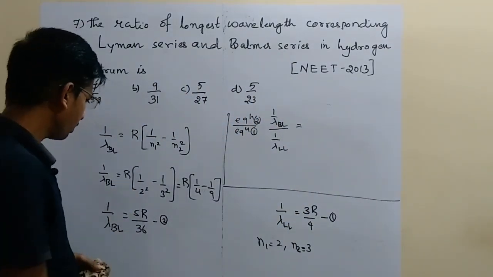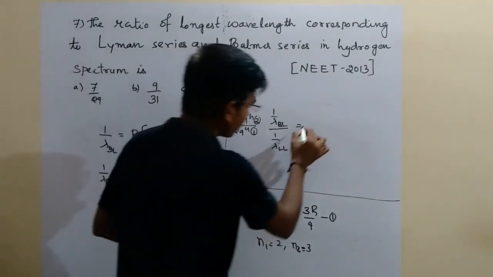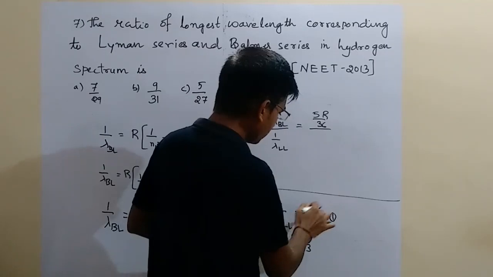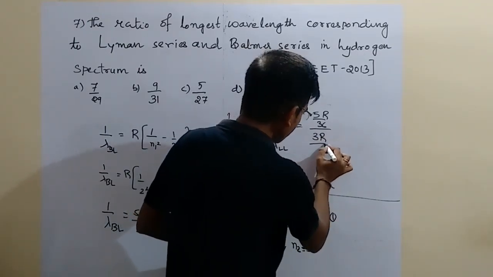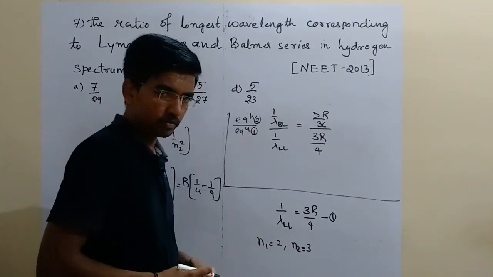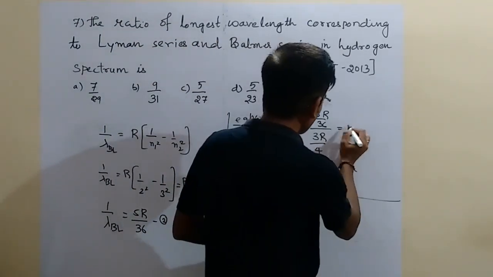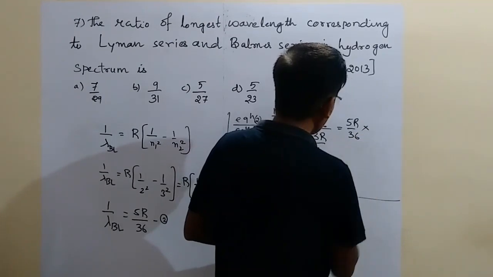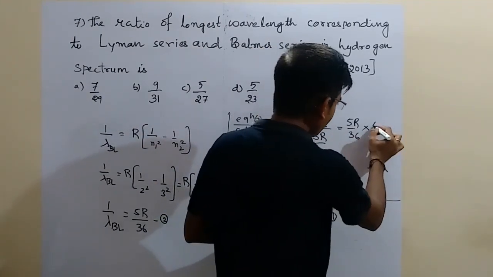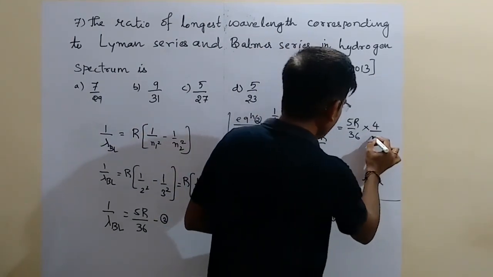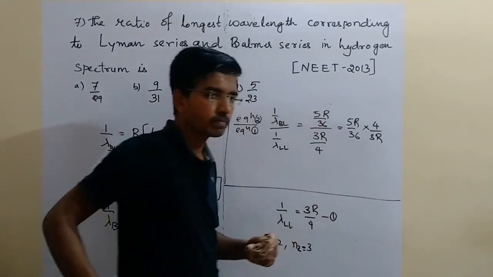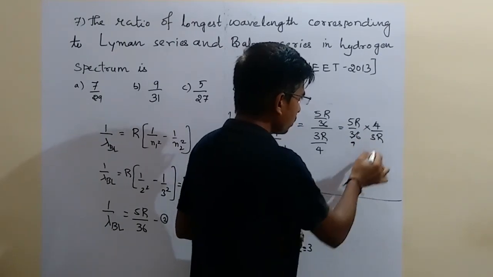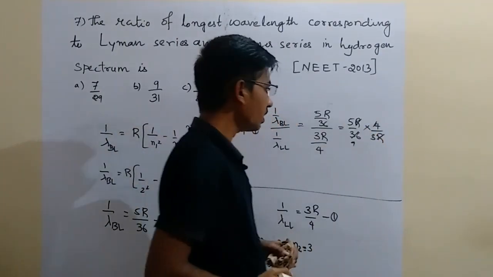In the RHS we have 5R upon 36 divided by 3R upon 4. So that is 5R upon 36 into the reciprocal, 4 upon 3R. Here 4 ones are 4, 4 nines are 36, and this R and this R cancel each other.